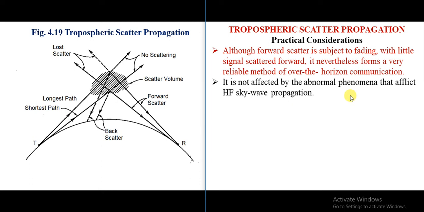It is not affected by the phenomena that afflict high frequency skywave propagation. As we have seen in skywave propagation, the height of the ionosphere layer changes and it does cause side effects.